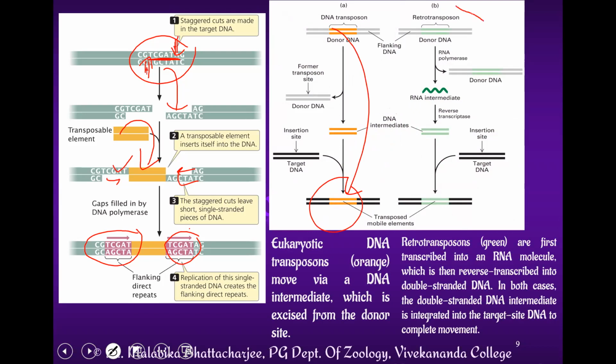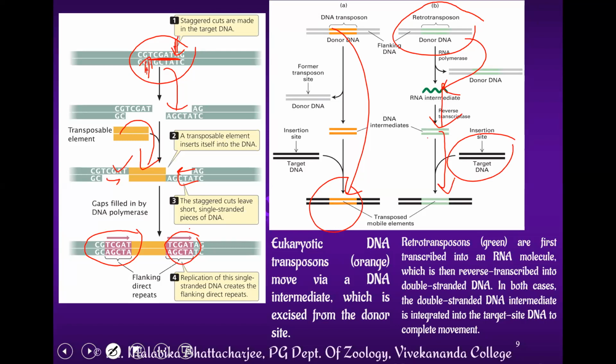If it is a retrotransposon, this is the donor DNA. The donor DNA is making an RNA. The donor DNA doesn't come out. And then a cDNA is made, the target site is identified, and this DNA is then inserted.